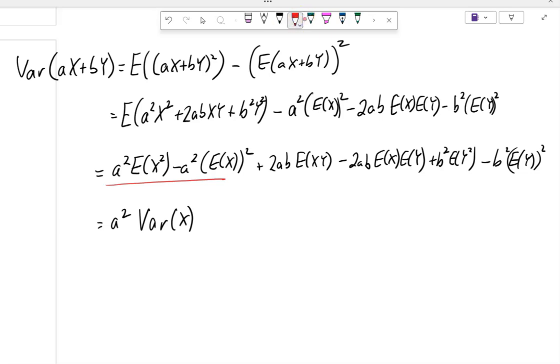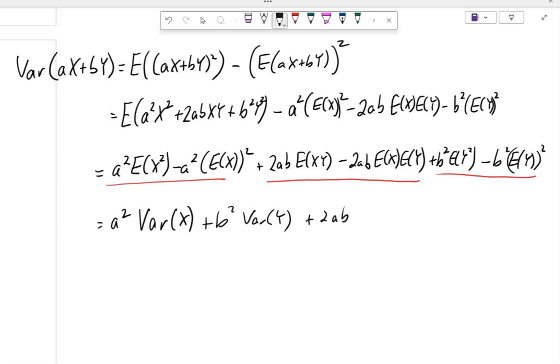Let's do the last one first. What's this one? Good. Plus b squared times the variance of y. The new part would be this. What's that? What can you factor out? 2ab and its covariance.